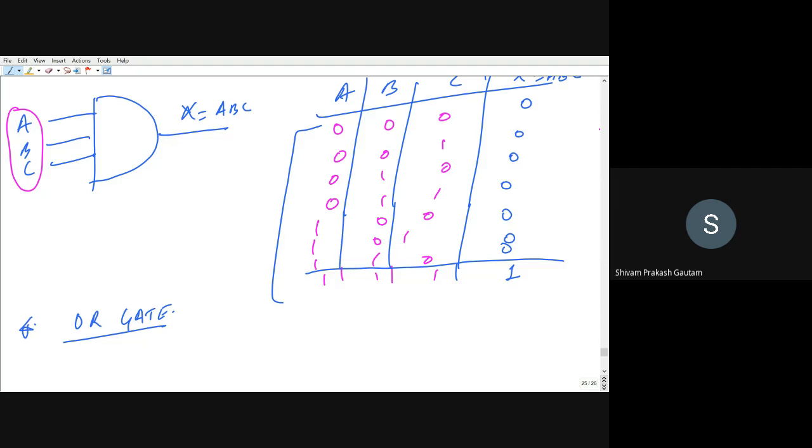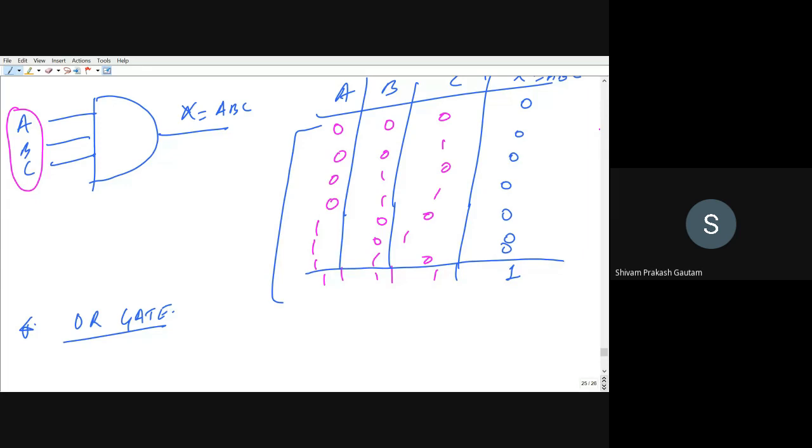Now, what is your question? I'm not able to understand. For 3 inputs, sir, for A 0, B 0, and C is 1. And then A is 0, B is 1, and C is 0. I think that 2 inputs are 0 and another one, C, is 1.